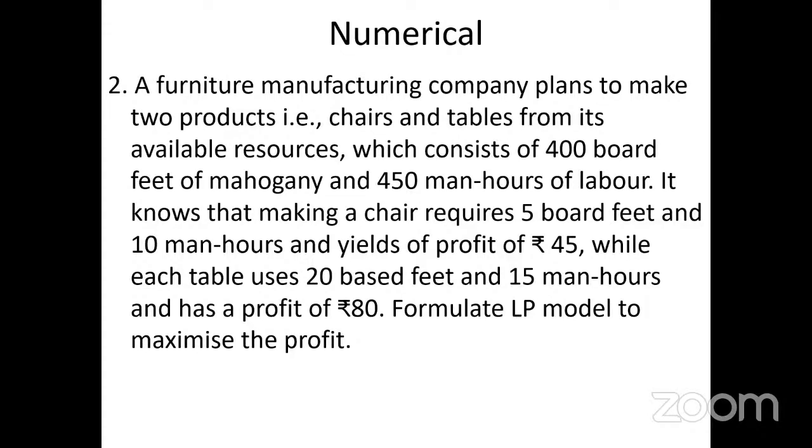First is board feet of mahogany, 5x1 plus 20x2 less than or equal to 400. The second, man hours of labor, 10x1 plus 15x2 less than or equal to 450. And third, the non-negativity constraint, x1, x2 greater than or equal to 0. Right, you got it perfect now. Good. Thank you.